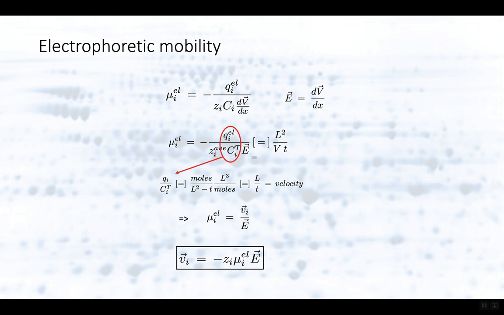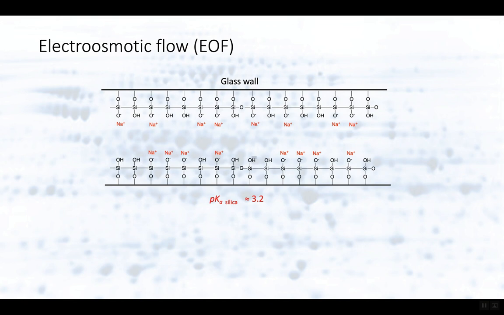And if we know the field strength, we can translate that into the electrophoretic mobility. Once we know the electrophoretic mobility for a given charge on that ion, we can always calculate the velocity from the electrophoretic mobility times the charge times the field strength. So this becomes the most important equation in this alternative practical model for electrophoresis.